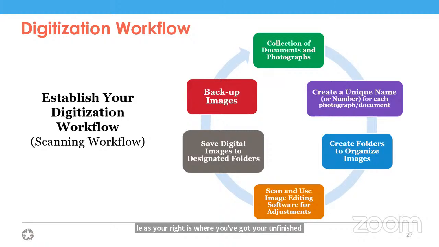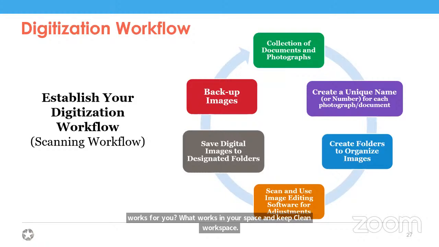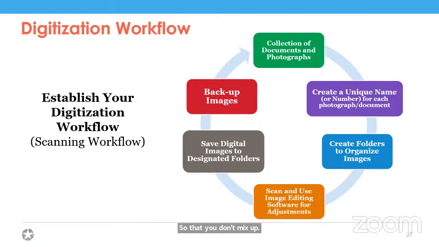It doesn't matter if you swap that around. Do what works for you, what works in your space, and keep a clean workspace so that you don't mix up what pieces go with what collection. Sounds freakishly complicated. It's not. It's just be consistent.